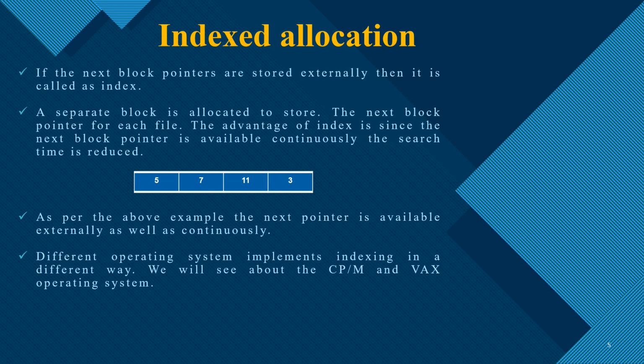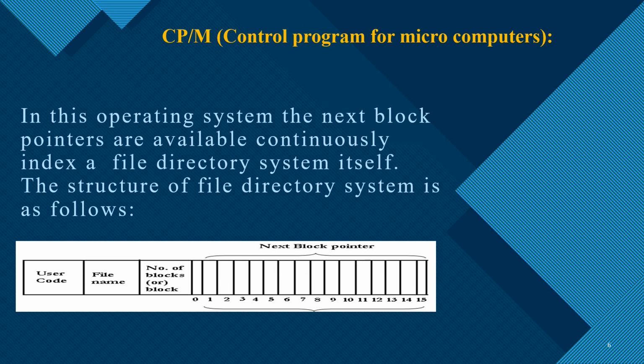Different operating systems implement indexing as per the above example. Here, CP/M, that is Control Program for Microcomputers, is an operating system in which the next block pointers are available continuously, indexed in the file directory itself.